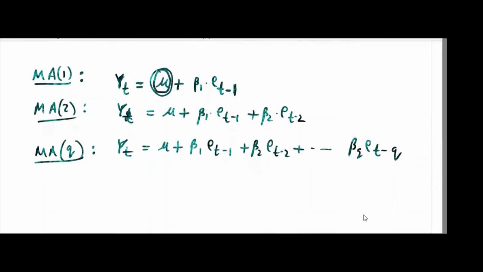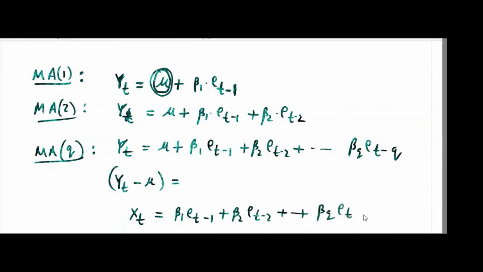And if you want to change it, I've written 2 here, q here, that's fine. So what I can do is I can take mu this side, and I can take this as x(t). Then x(t) will be beta 1 e(t-1), beta 2 e(t-2), up to beta q e(t-q), and plus that e(t) part should be there everywhere, okay.